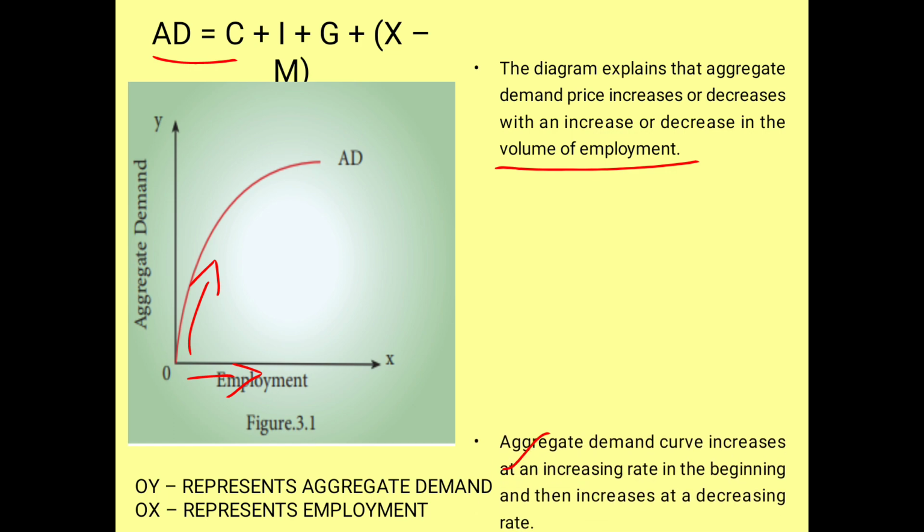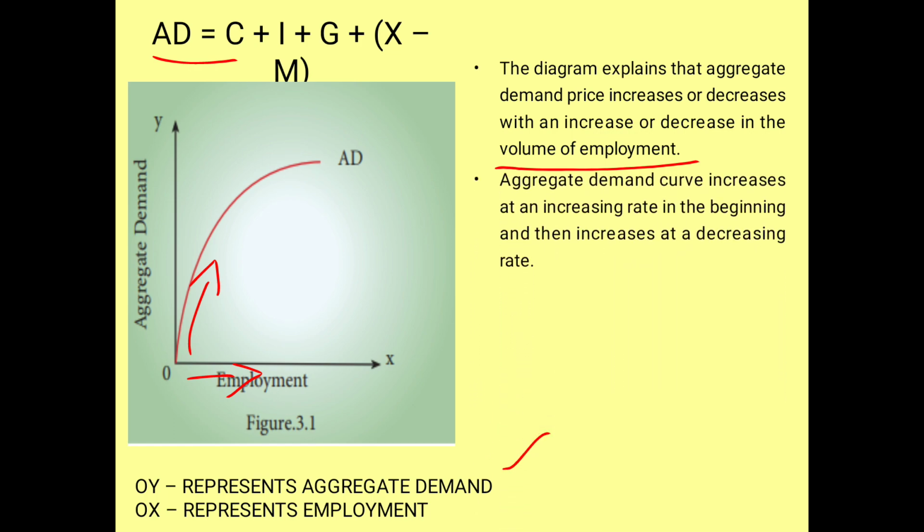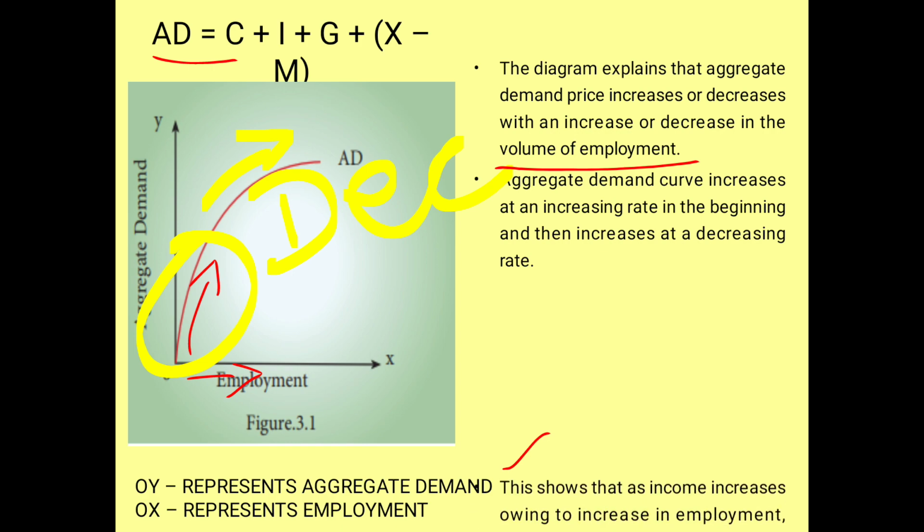Okay, next one. Aggregate demand increases at an increasing rate in the beginning. So at the beginning, at this particular point, it is increasing, and then here it is also increasing, but at a decreasing rate. Then what is happening?